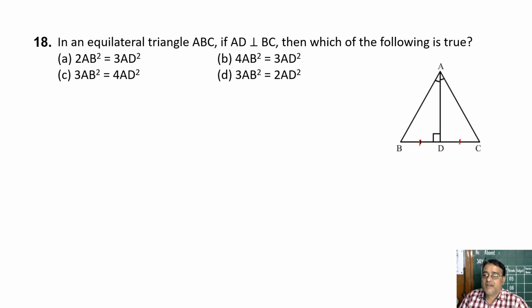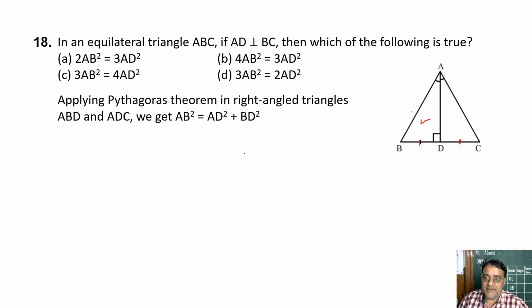Now if we apply the Pythagoras theorem in this triangle, what are we going to get? AB square is equal to AD square plus BD square. Very good. Let us write this step first. So now we are going to replace BD. BD is half of BC.